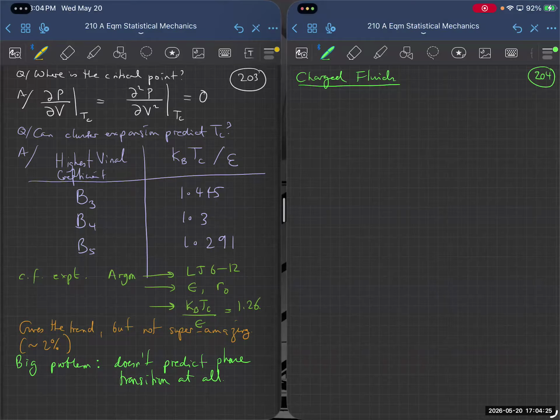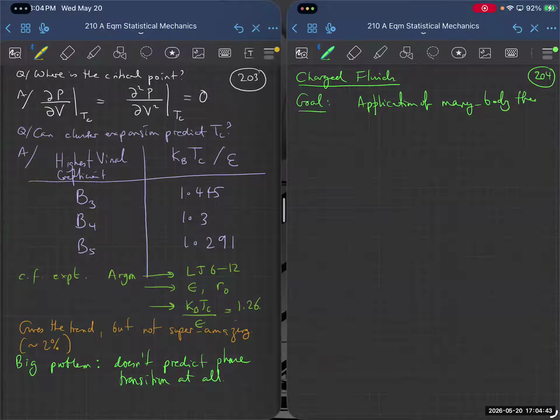So what we're going to talk about now is the application of this many-body theory to particles with long-range interactions.